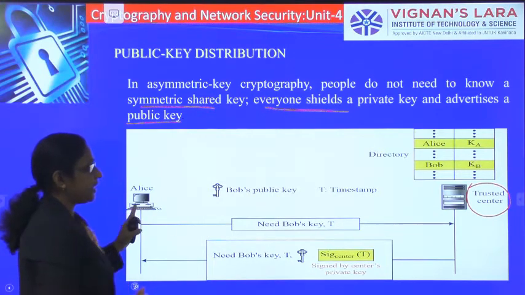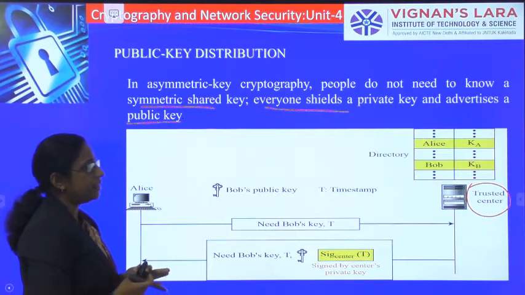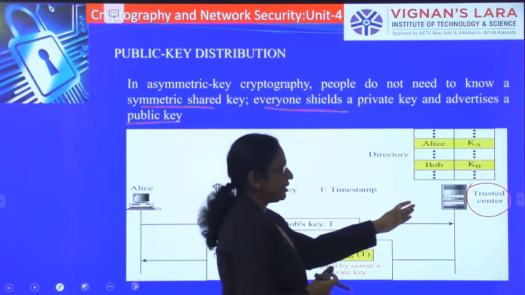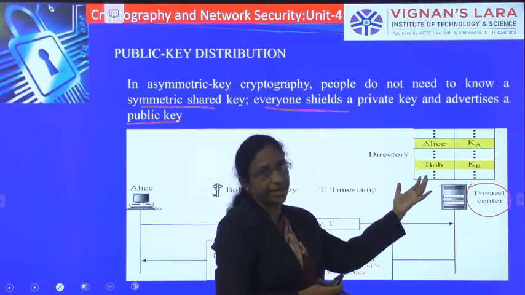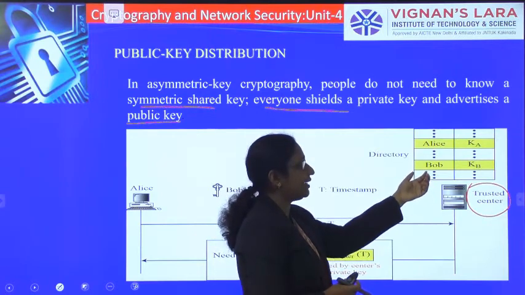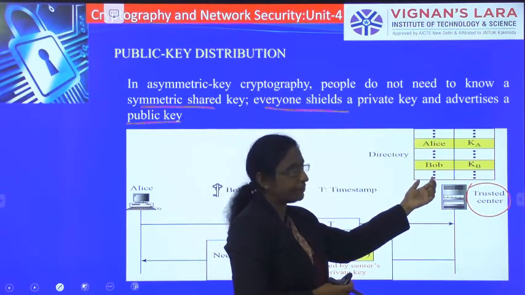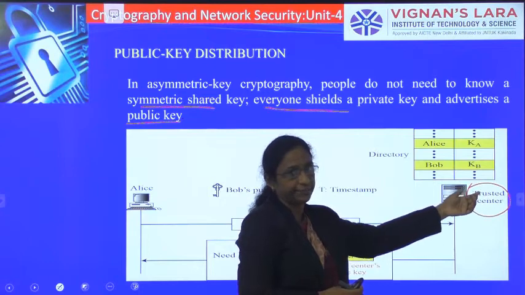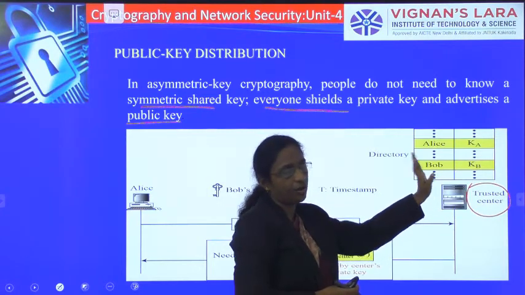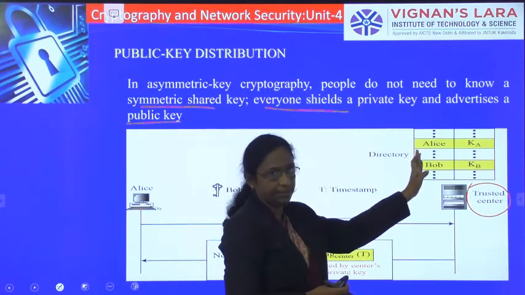For announcing the public keys, the trusted center maintains a directory. The directory contains the names of the members along with their public keys. These KA, KB are the public keys of those particular persons.